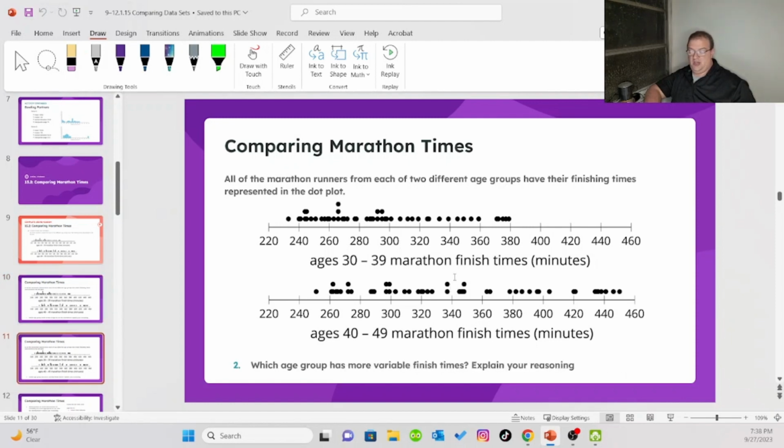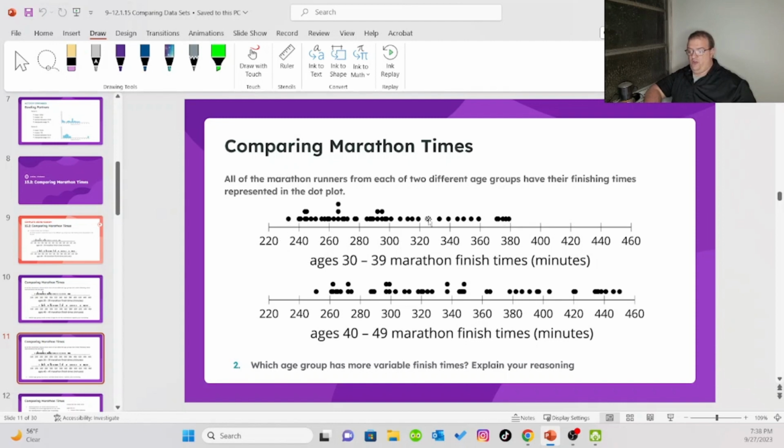The second question asks, which age group has more variable finish times? So if we compare, the fastest person in the 30 to 39 is looking to be around 230 minutes. The slowest person around 380.